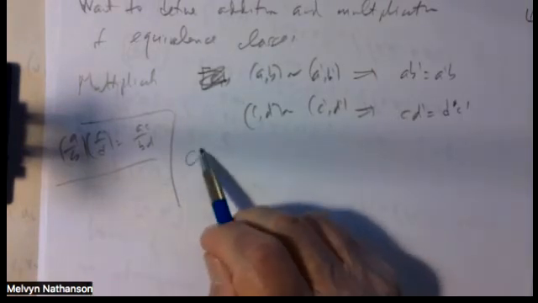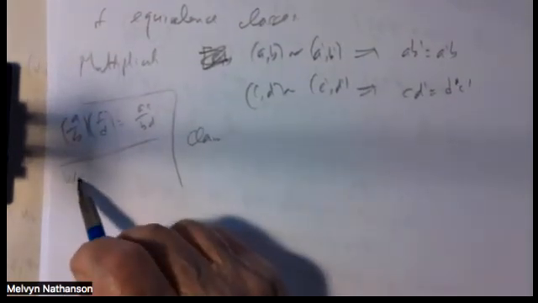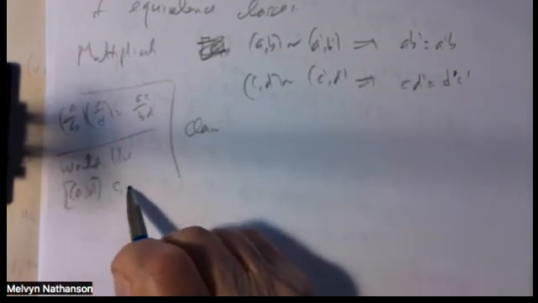So what we would like is that if I take the equivalence class of (A, B) and the equivalence class of (C, D), that's the equivalence class of (AC, BD). Exactly what you learn in elementary school.